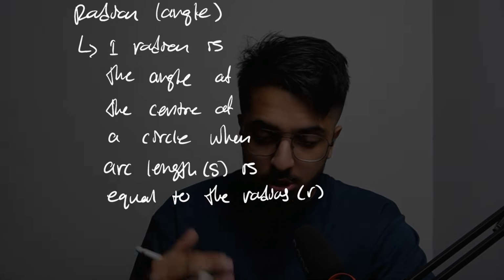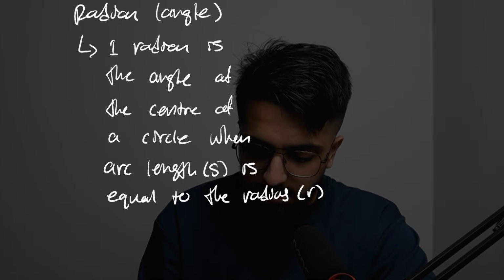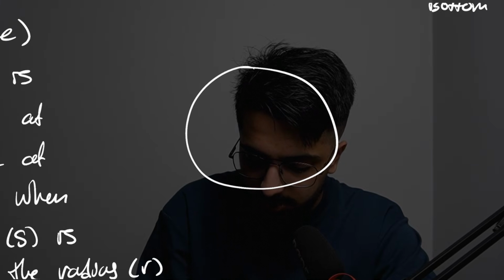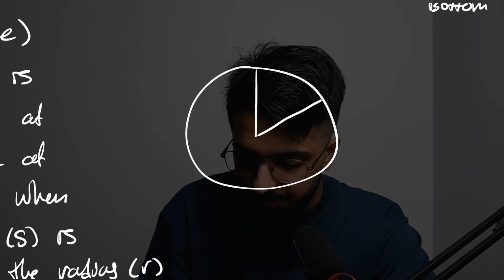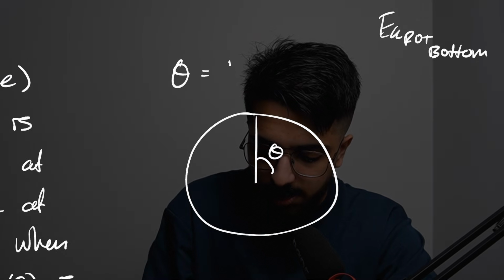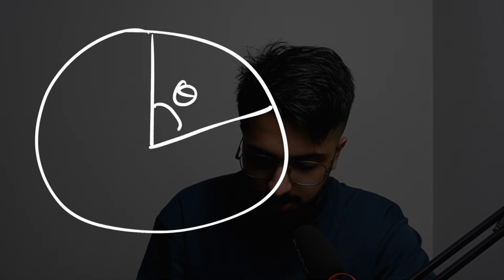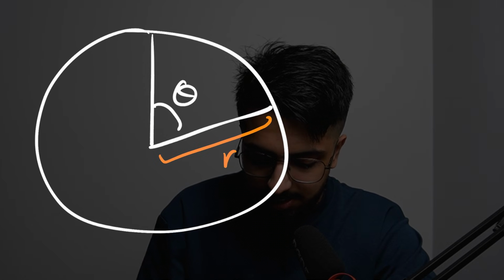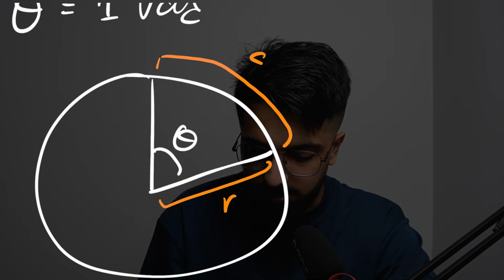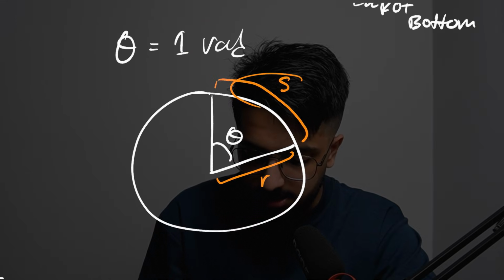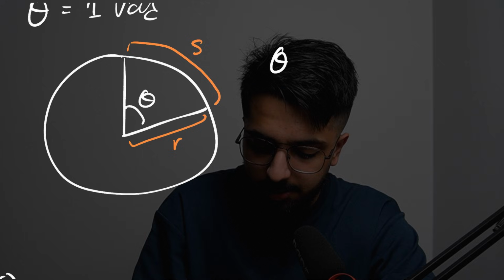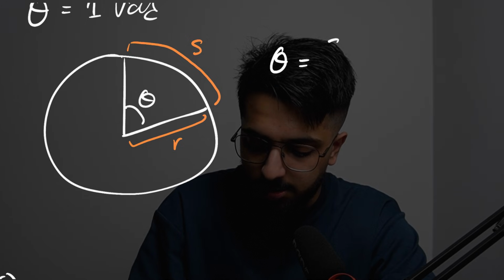So what that is essentially saying is if we have a circle and we take some angle, let's say this angle right here, theta, theta is equal to 1 radian when this distance r is equal to this distance s. So when the arc length is equal to the radius. And so mathematically we can say that theta is equal to s over r.